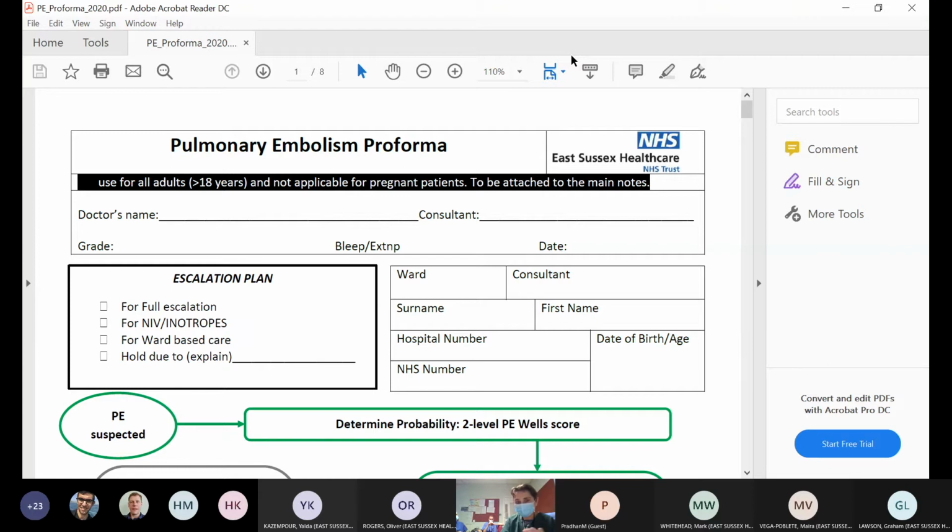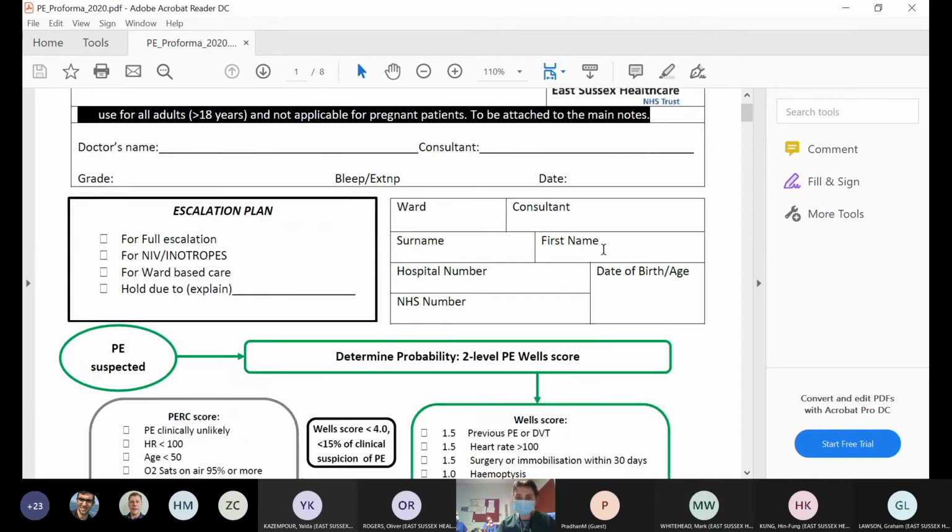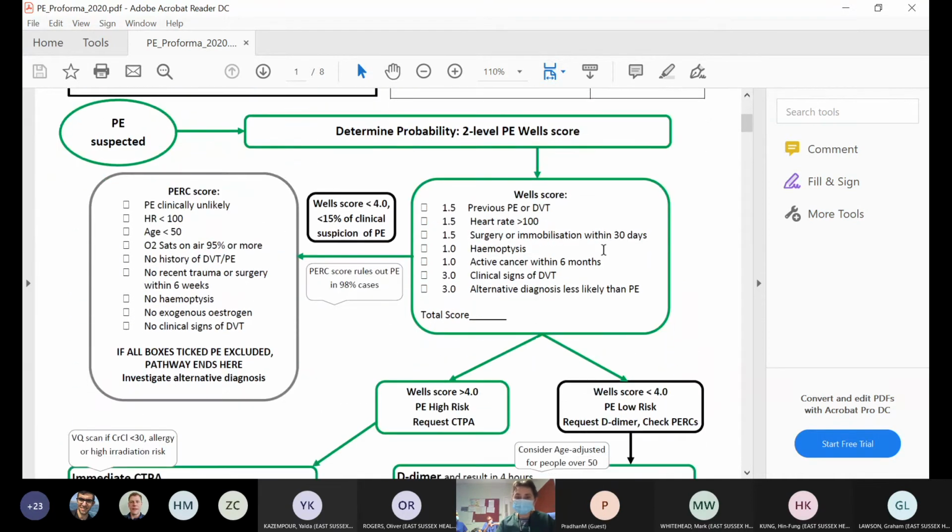It starts from the escalation plan, which is one of the best practice situations, when you have to identify where we're going with that, because it's quite a serious diagnosis. So you have the patient's ID. This is the one that gives you basic plan steps. It's advisable how to follow that first. So you suspect PE, you're doing your Wells score stratification.